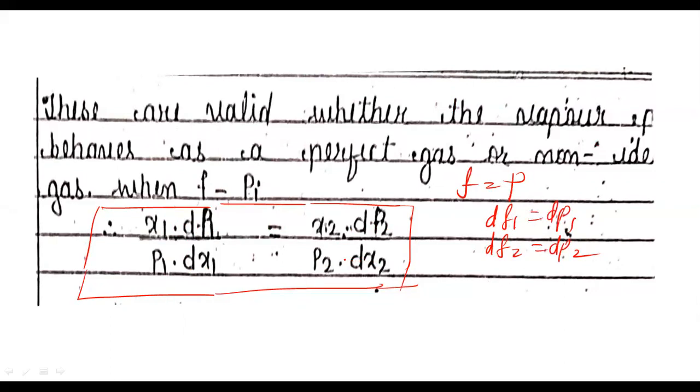This equation can be written for ideal gases, perfect gases. This is also called the Gibbs-Duhem-Margules equation: x1 dP1 divided by P1 dx1 is equal to x2 dP2 divided by P2 dx2.